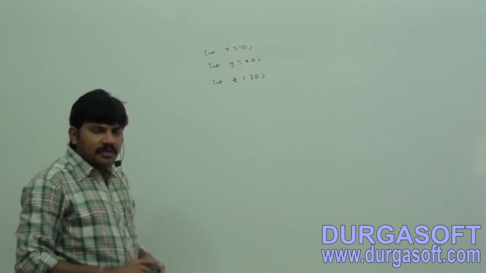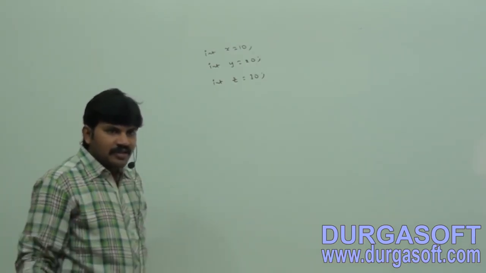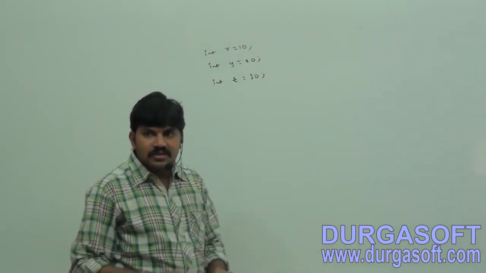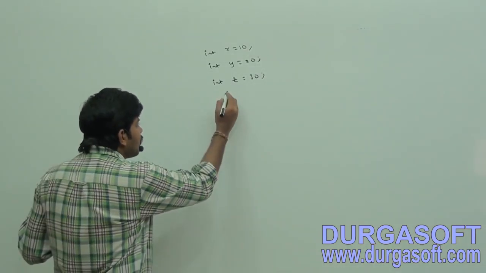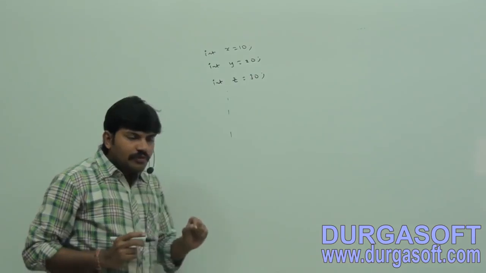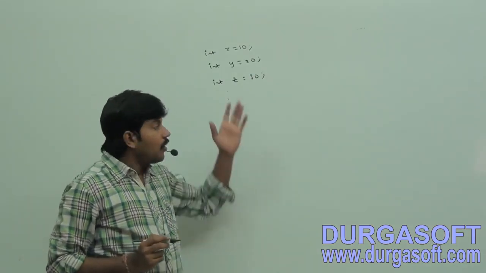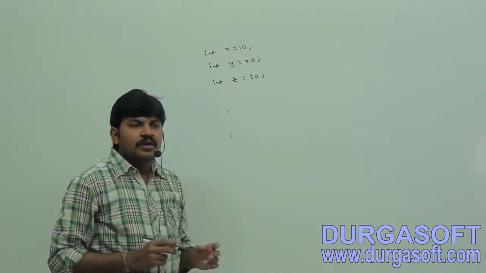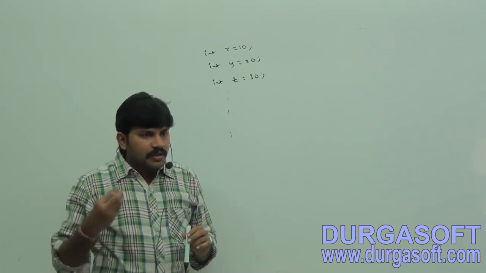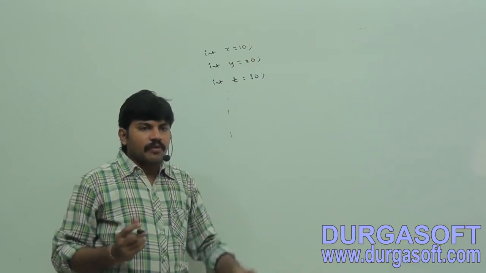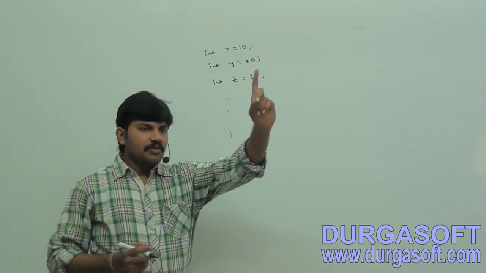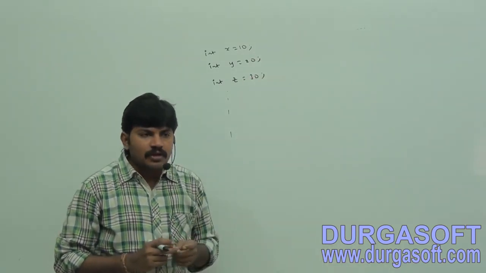Suppose I want to represent 10,000 values. Then going for 10,000 variables is the worst kind of programming practice. In 10,000 lines of code, which variable represents which value, so the readability of the code is going to go down. That's why, if you want to represent a huge number of values by using a single variable, happily we can go for the arrays concept.